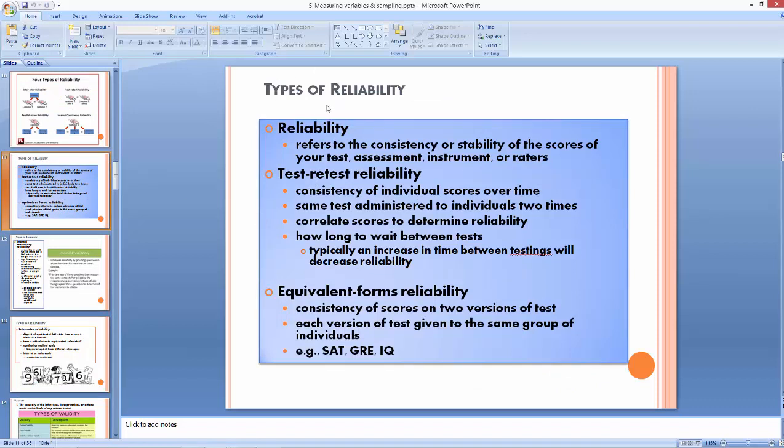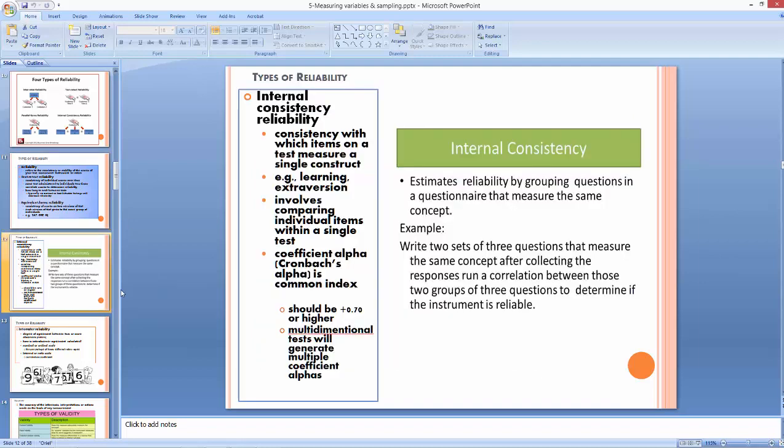Then we talked about the different types of reliability as well: test-retest, equivalent forms, the internal consistency. Almost all authors will use measures that report good internal consistency.